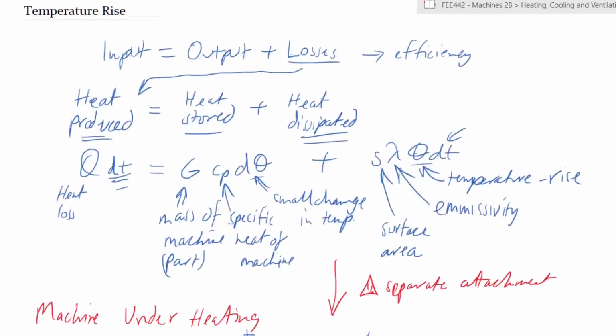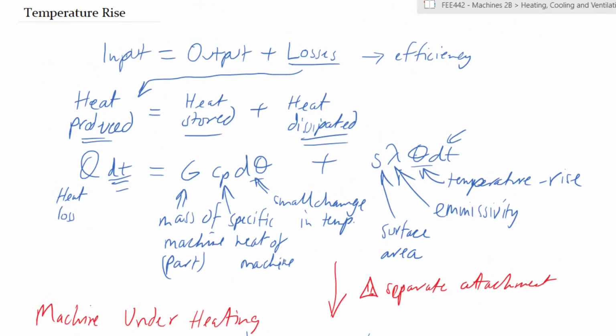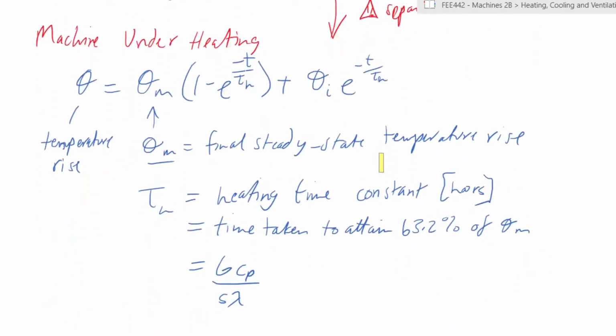Now this means that you have the properties of the machine determining the time it takes for it to reach its steady state temperature. The mass of the machine and the specific heat, the amount of heat that is stored, over the surface area and the emissivity, give you your time constant, the time that it takes to reach a certain percentage of theta m.